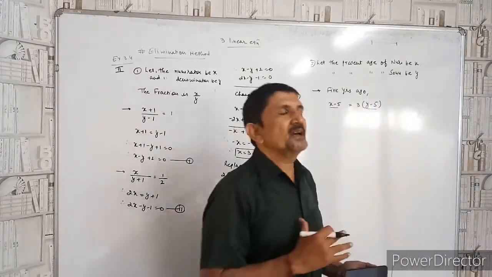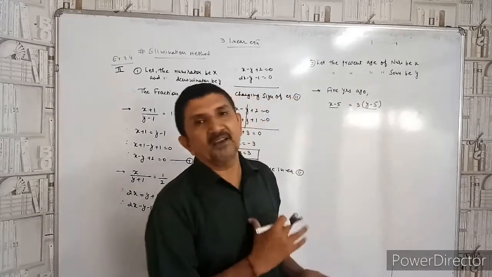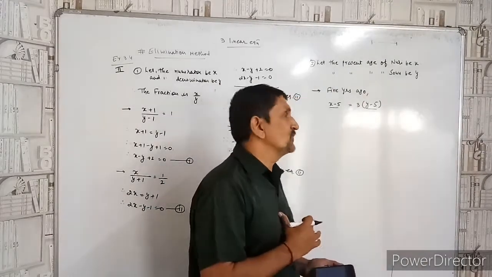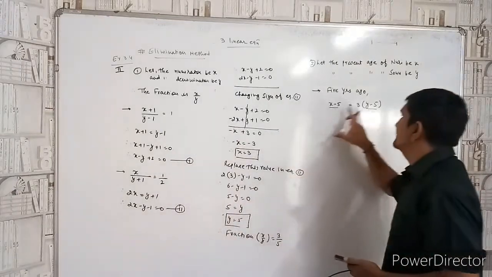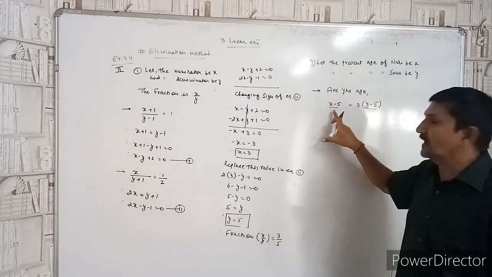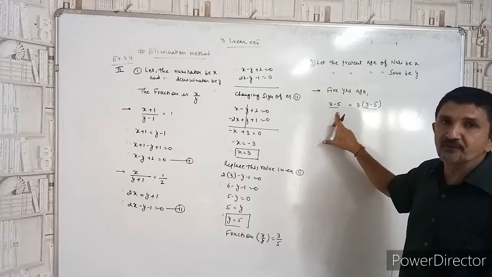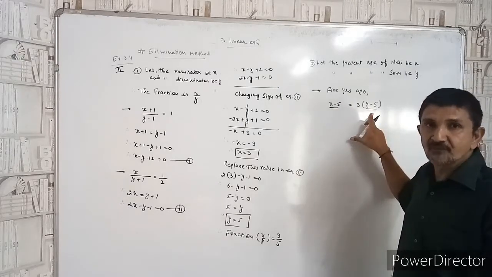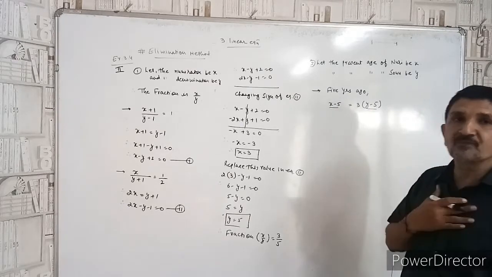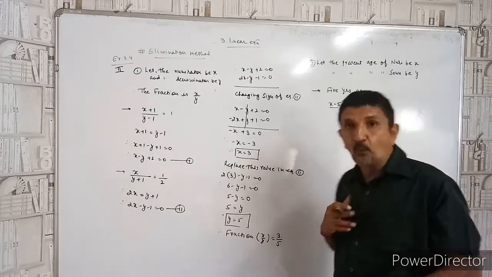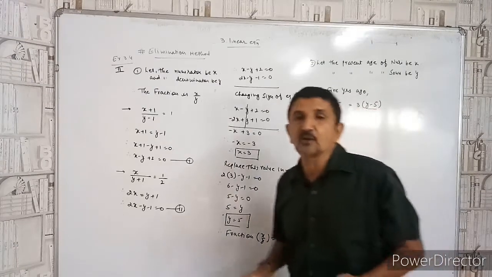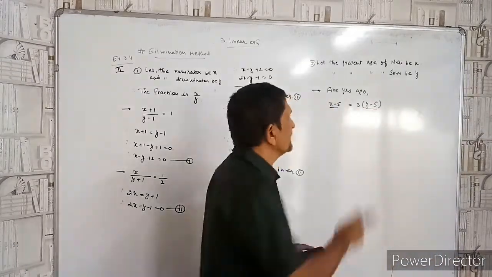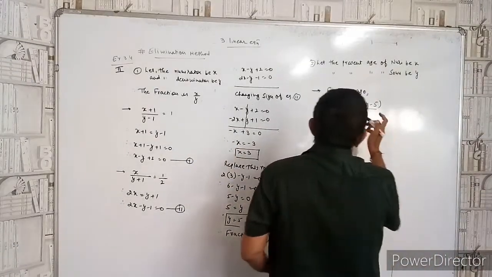Maybe 5 years back my age was 45 and your age was 50, and I am 3 times as old as you. Then you have to multiply 3 with your age, the smaller age. Clear? That is the only important thing in this question.